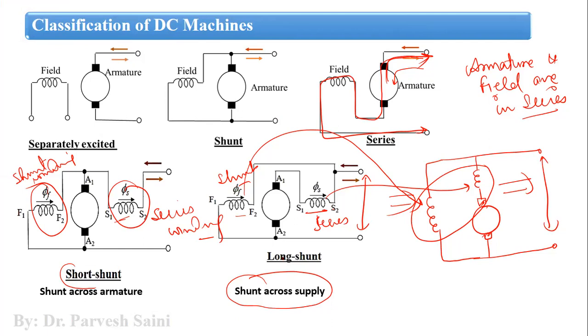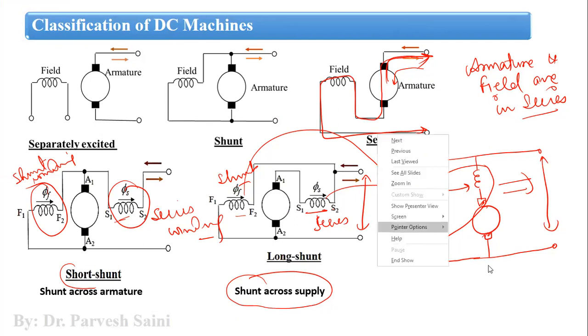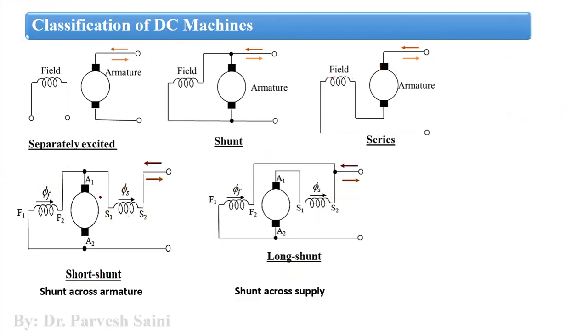Now in cumulative and differential, the difference is that in a cumulative compound wound DC machine, the flux generated by the series winding and the flux generated by the shunt winding both assist each other, or you can say the flux generated by the series winding supports the flux generated by the shunt winding.